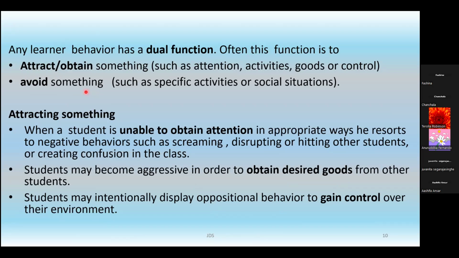So for a child to behave in a particular way, there are two reasons. One is he or she might want to attract or get the attention of the teacher or of his peers, become famous in the class or in the school to gain popularity, or maybe to get some physical gifts or other positions, like officer positions, right?